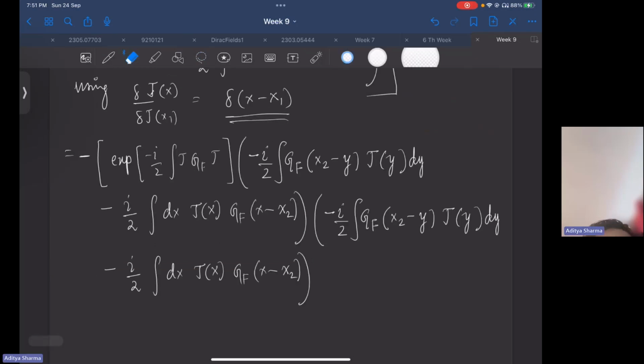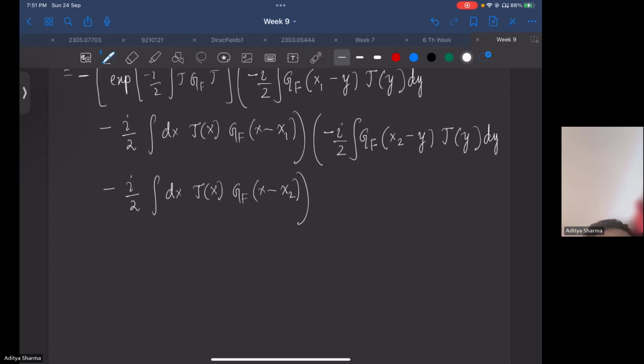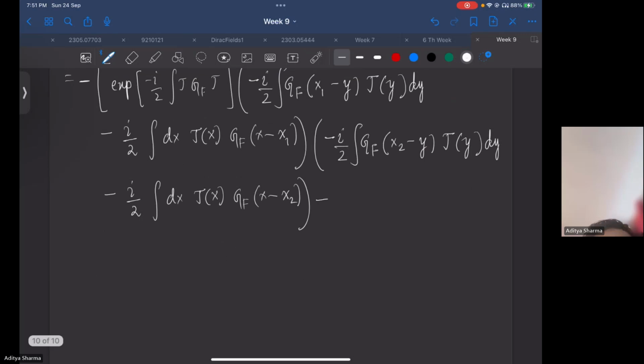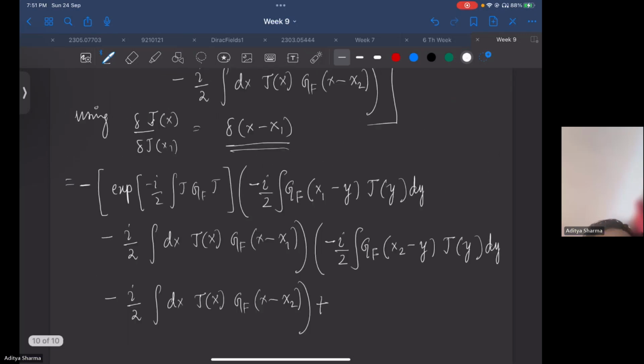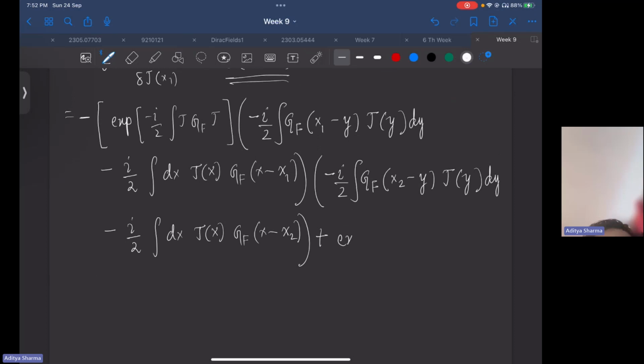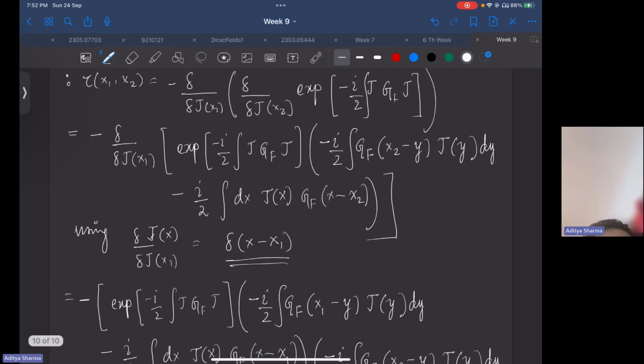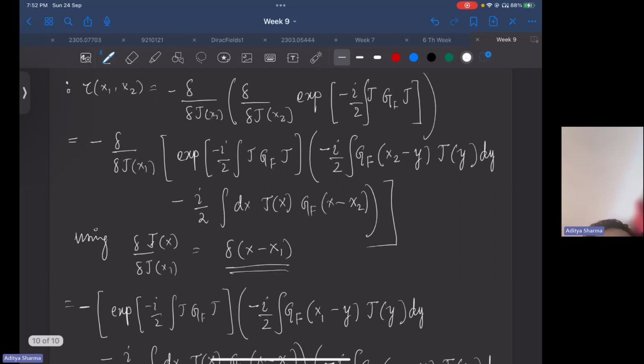And I need to change variables. So the x1. So plus the other part, when you differentiate, you're going to have exponential minus i by 2 g. So when you differentiate this, we'll have an x1 here. So this will get integrated.